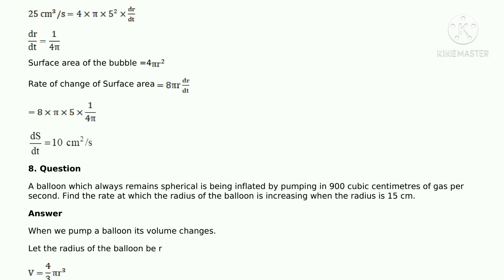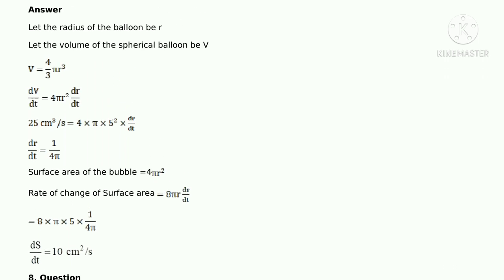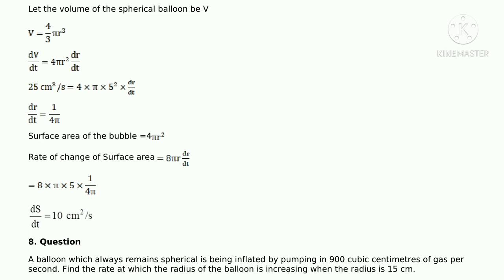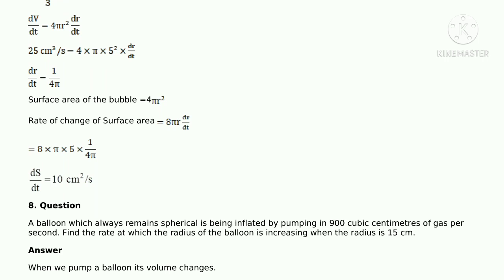So pi cancels here. After calculating, we get the rate of change of its surface area as 10 centimeters square per second. Is it clear? So this is the question.